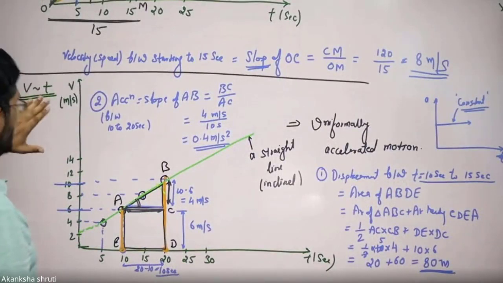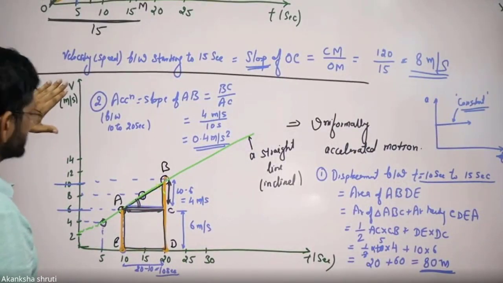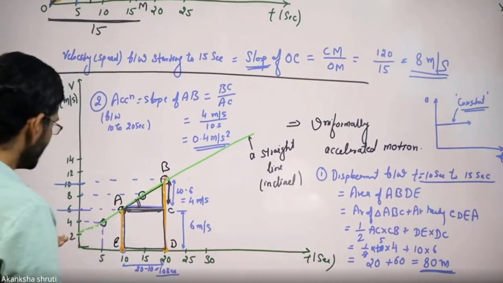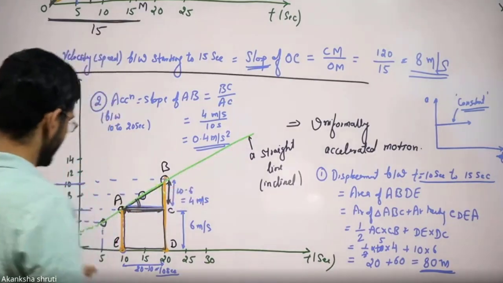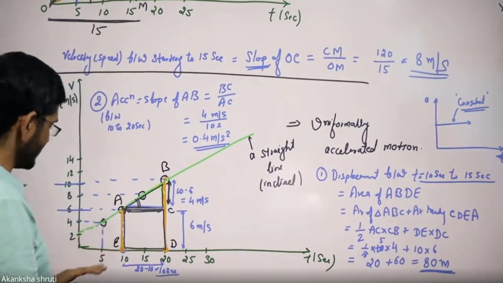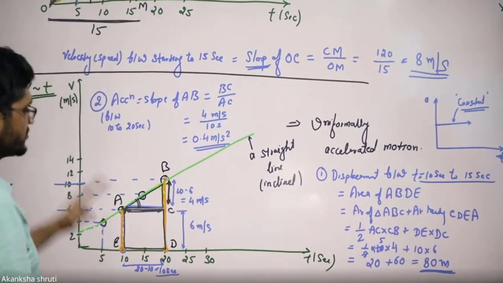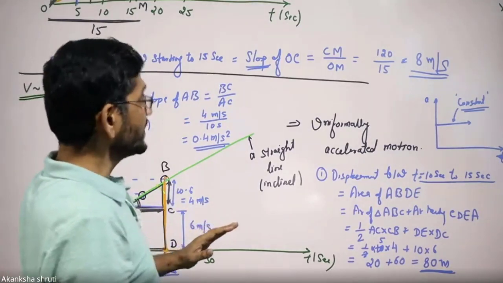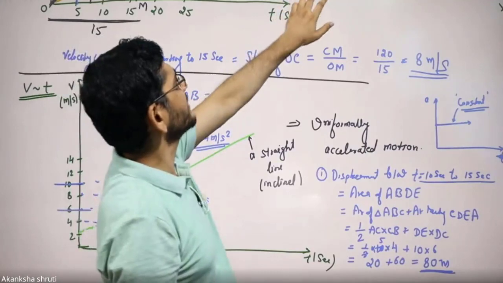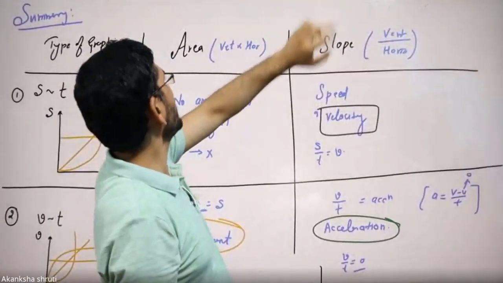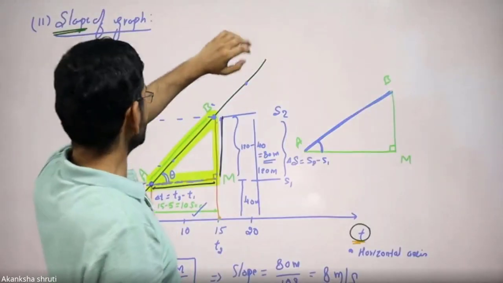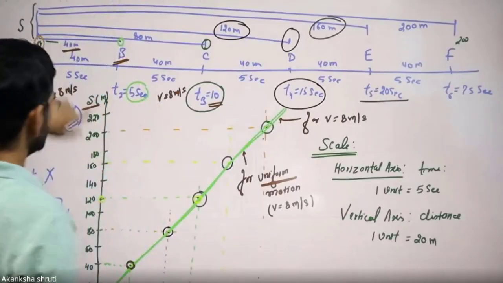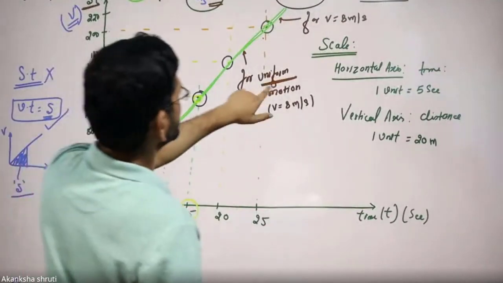Even for this non-uniform motion, if we plot the velocity-time graph, then that velocity-time graph comes as a straight line inclined at some angle. It was this. So that is the velocity-time graph for non-uniform motion. But if we plot the velocity-time graph for the uniform motion, students, this is the distance-time graph for the uniform motion.